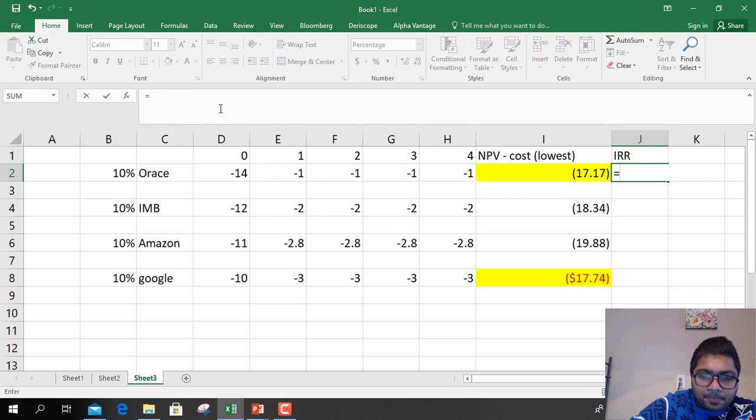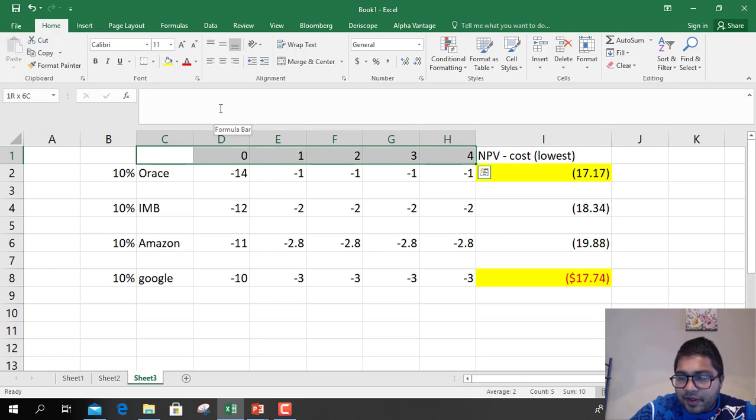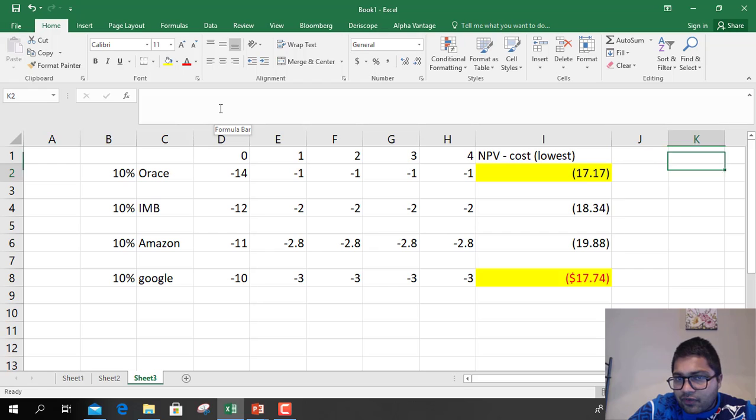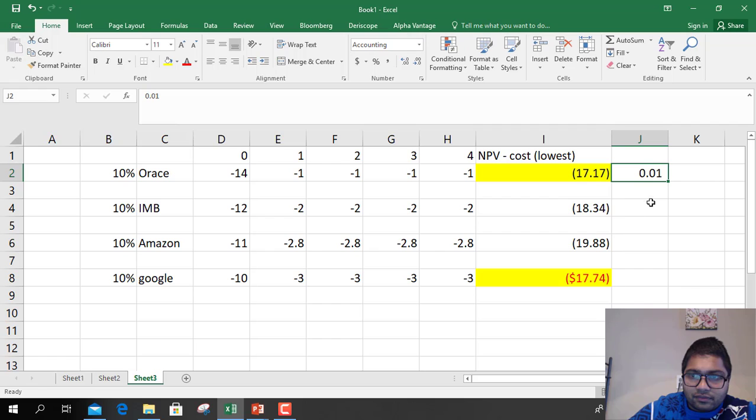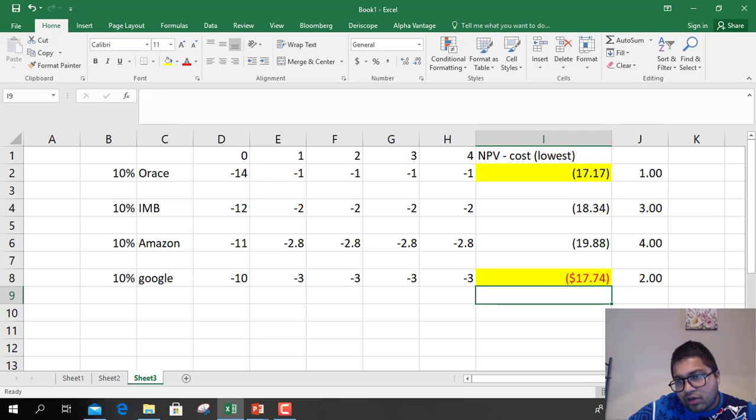So I'm solving IRR below because we need to change the signs for IRR. So NPV, the choice is clear. The first choice goes to Oracle. Second choice goes to Google. Third choice is IBM, and Amazon is the most costly, the total cost.